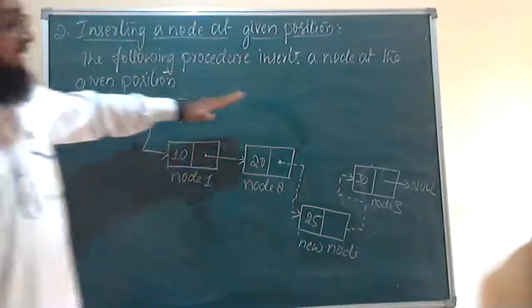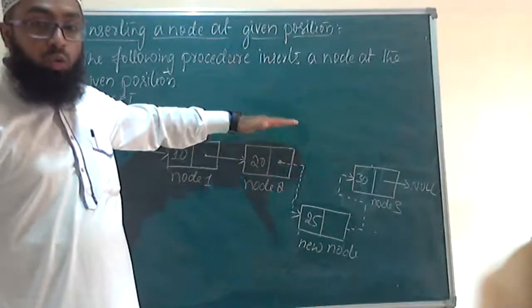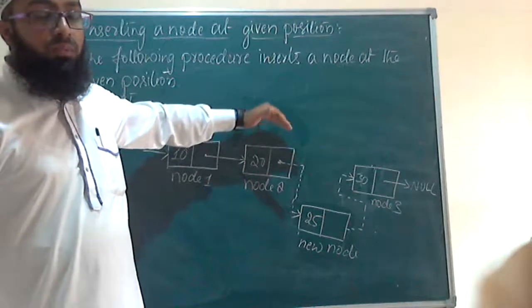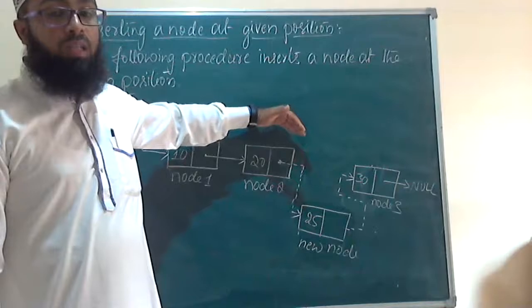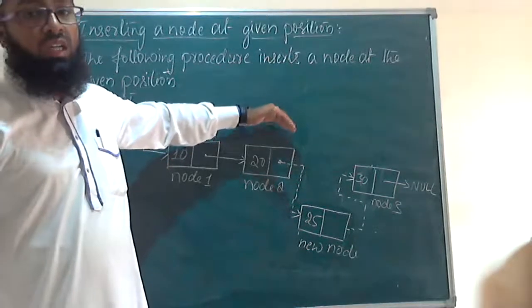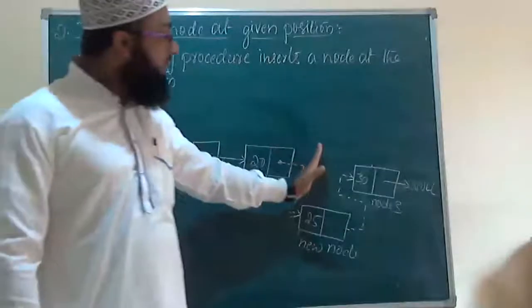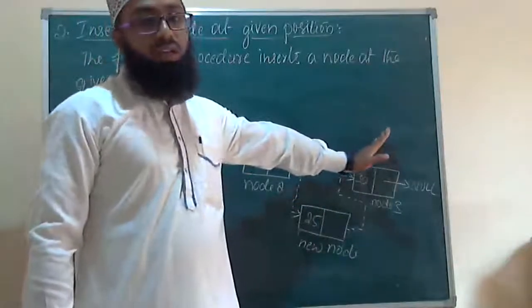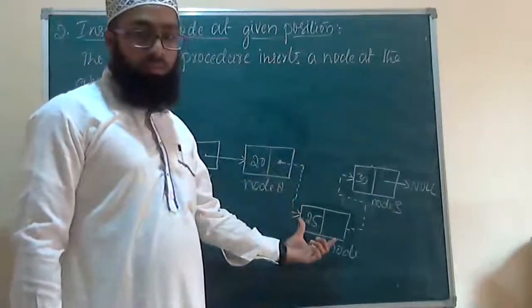Look here. First, in a linked list, mark the node in the place where we want to insert the new node. Mark that node's link field as a null pointer. Then the remaining nodes will come out of the linked list. Then create a new node.